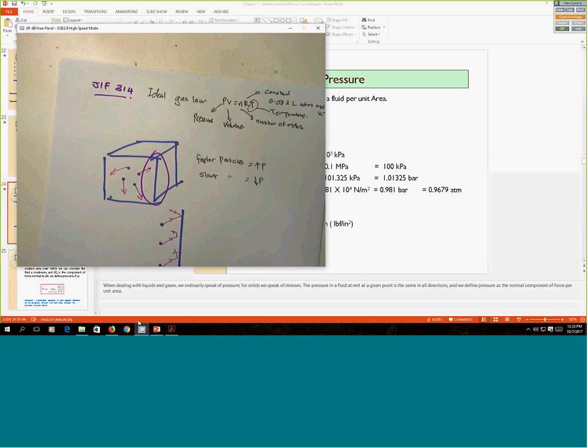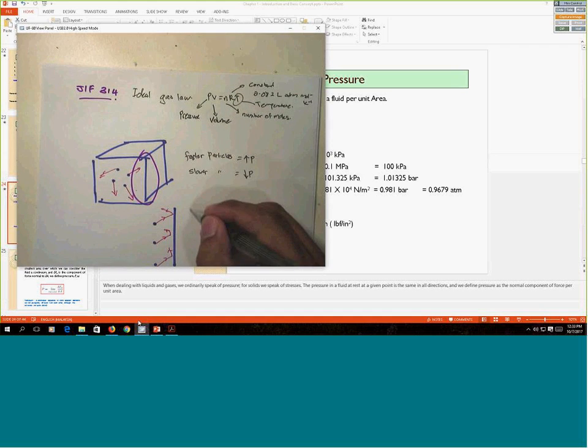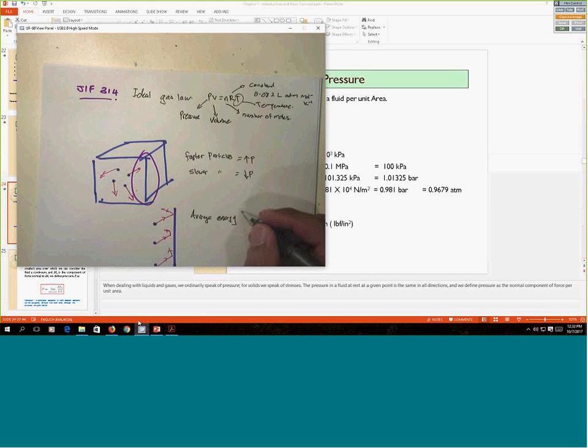So we need to have a certain average energy, what we call the temperature. When we increase the temperature, it's actually the average energy.